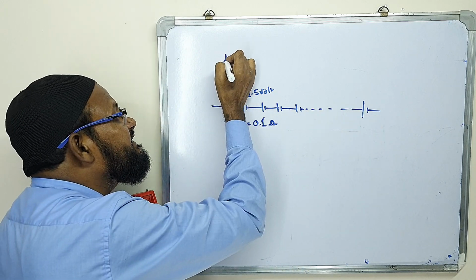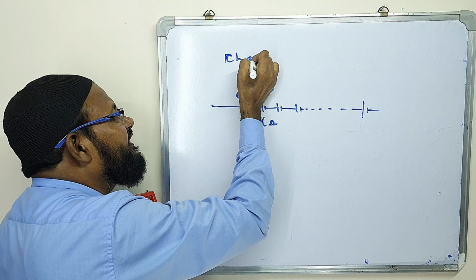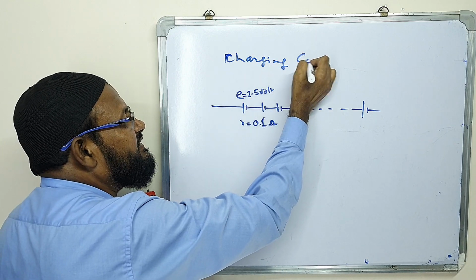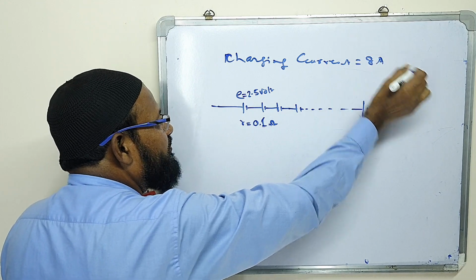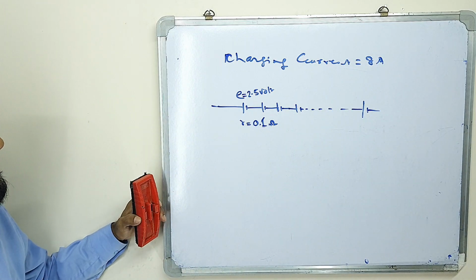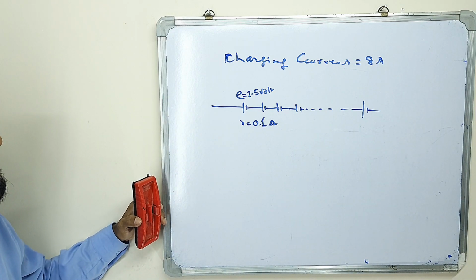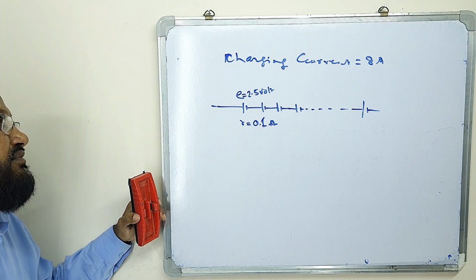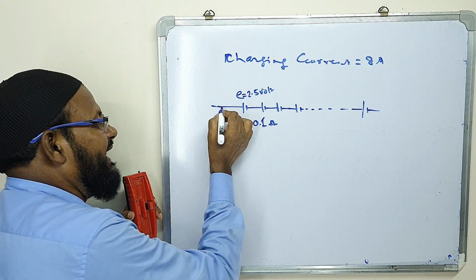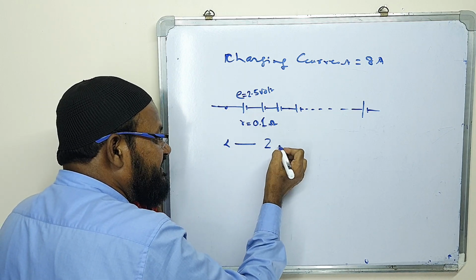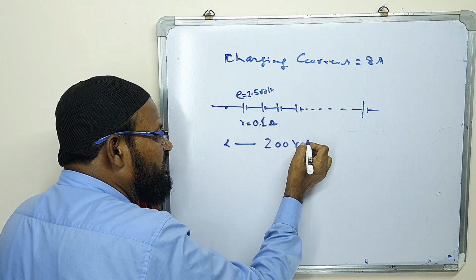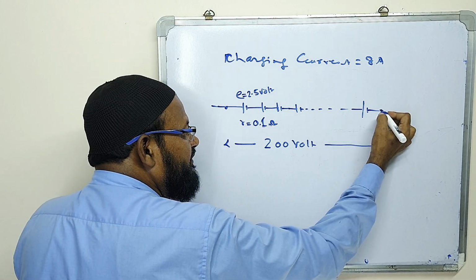Here, the charging current is 8 ampere, this is given. These cells are being charged by a 200 volt battery.